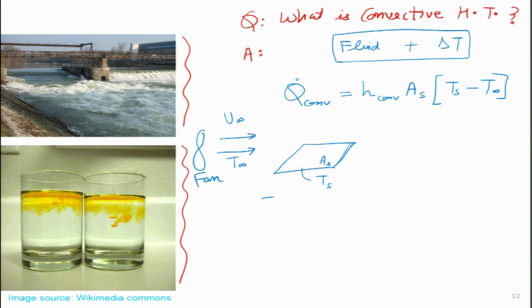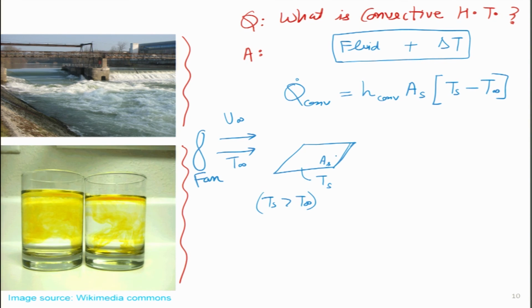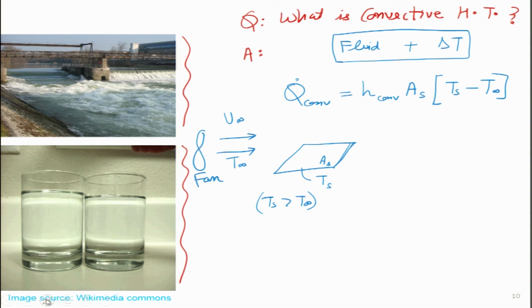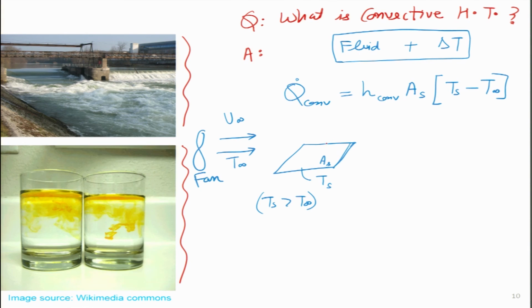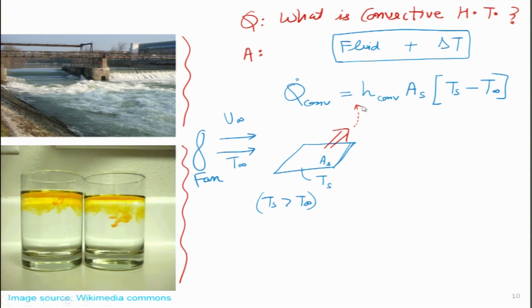So, if Ts is greater than T infinity, this particular surface is going to lose heat in the form of convective heat transfer, and that value we have given over here. So, for convective heat transfer to take place, we need to have some sort of a solid surface, and it should be surrounded with fluid, and there will be a motion of that particular fluid.